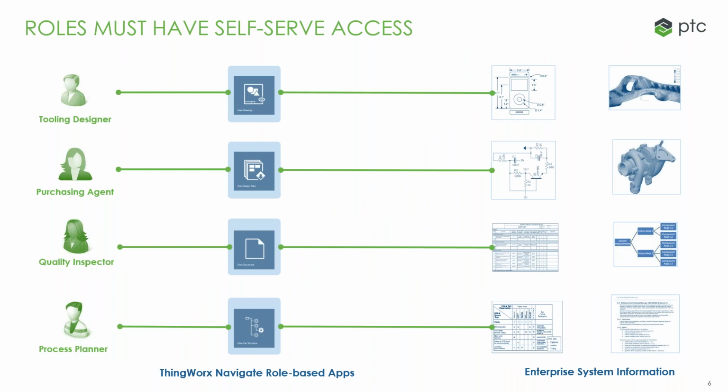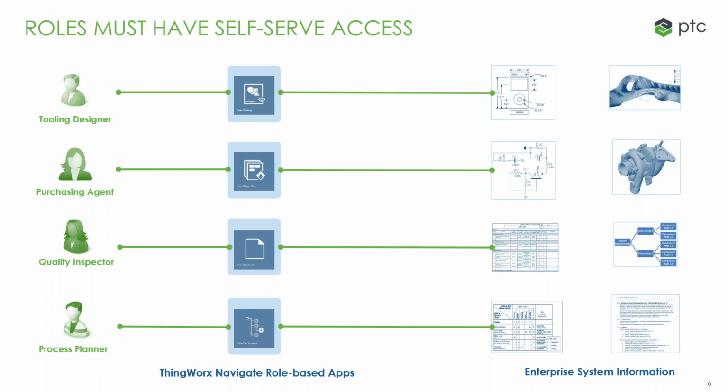They may not need everything that exists in the system of record. They need only that specific file, that specific information that will help them carry out their duties and aid them in their decision making.